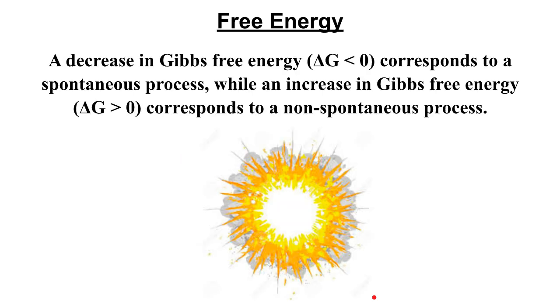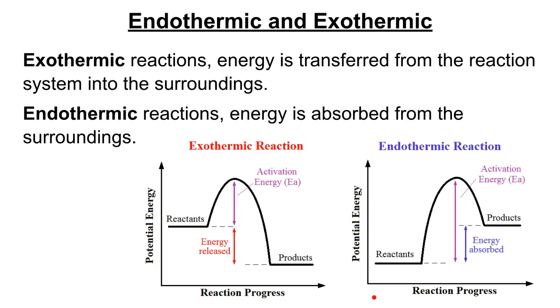All right, now, very important point here. When we want to decide whether a reaction is going to be spontaneous or not, we have to take a look at the free energy content. A lot of students have a habit of looking at just the enthalpy and, based on exothermic or endothermic, determining whether a reaction is spontaneous or not. Because if you go back and look, it's very easy to say, well, this one would be spontaneous because you're going downhill and releasing energy, whereas this one is not spontaneous.